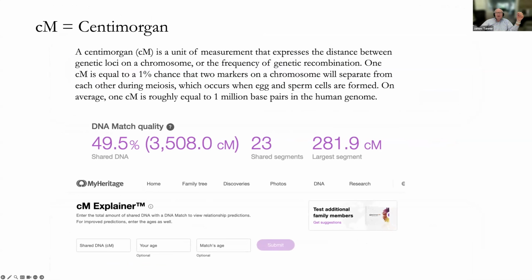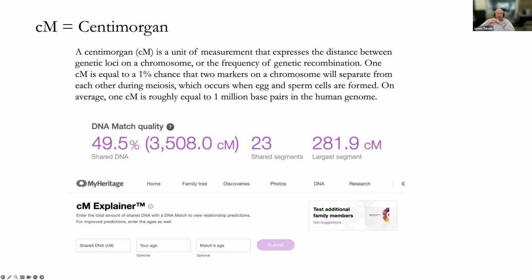If you think of chromosomes as being like long strands of genes, of little markers, and each of those has a code, the centimorgan is a calculation equal to a 1% chance that two of these markers on the long strands will separate from each other during meiosis, when the egg and sperm cells form the person.